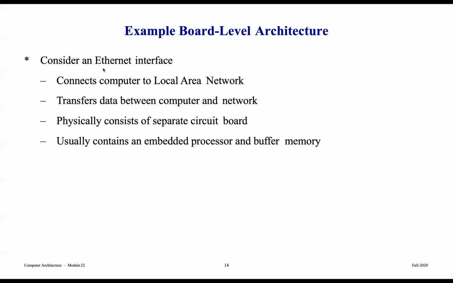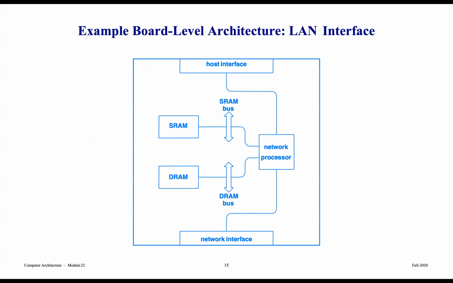So in terms of an example of a board level architecture, we can consider an Ethernet interface, and we'll have a picture of what this looks like. So consider a local area network. There's a transfer between the computer and the network, and physically it connects separate circuits on the board, and it usually contains an embedded processor or microcontroller and buffer memory. This is an example of how that could look.